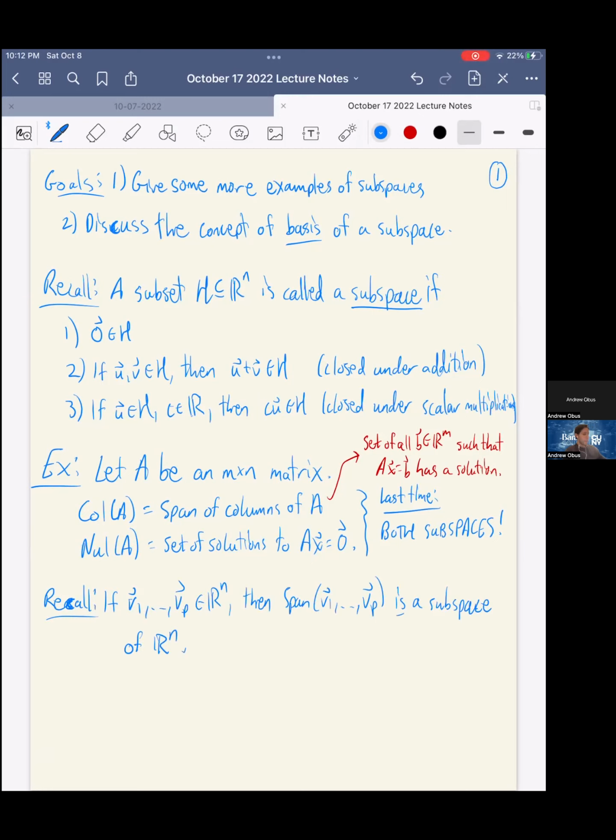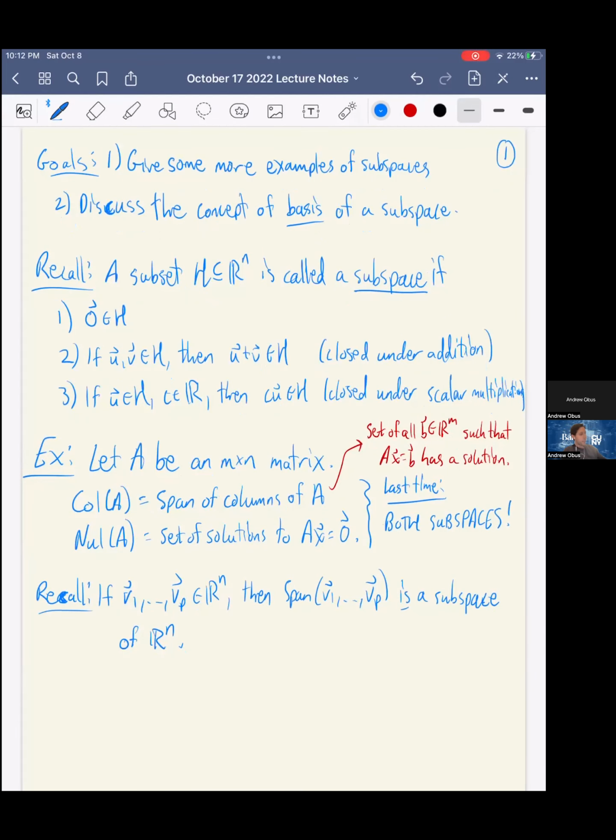This was a result we proved last time. All the other examples of subspaces we had, like all of Rn, a plane through the origin in R3, and a line through the origin in R2, are in your lecture notes from October 3rd. They could all be written in this form, as the span of a certain number of vectors in Rn, and that automatically gives you a subspace.